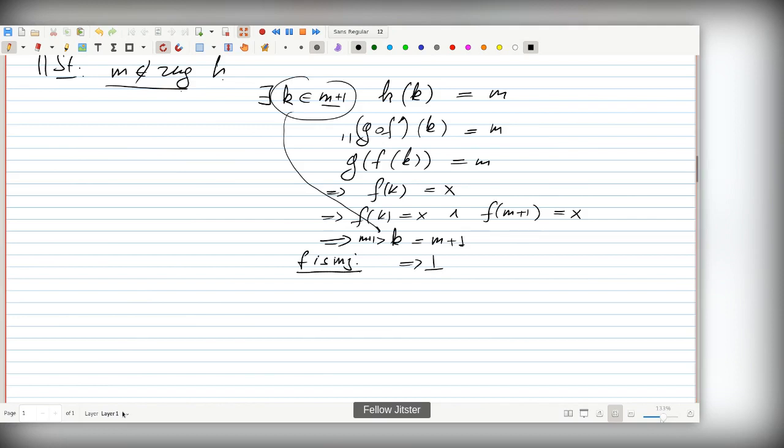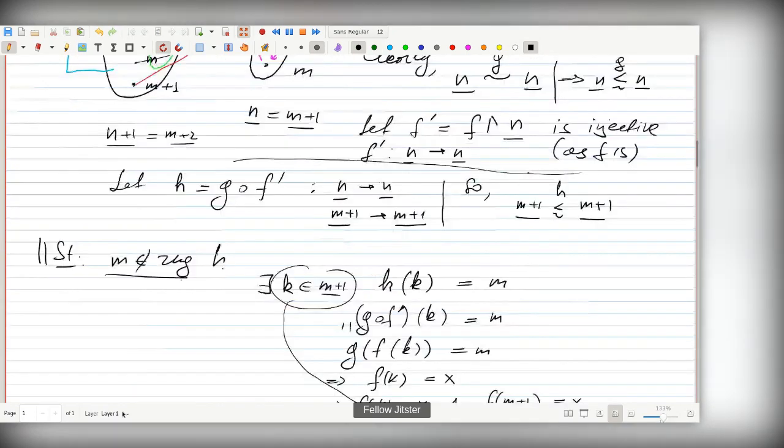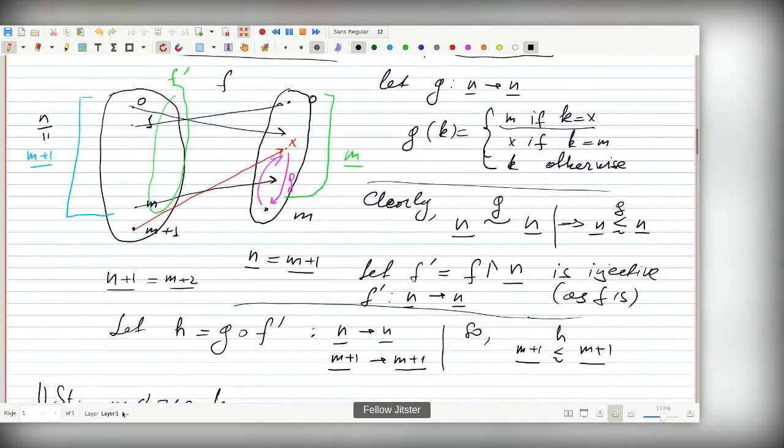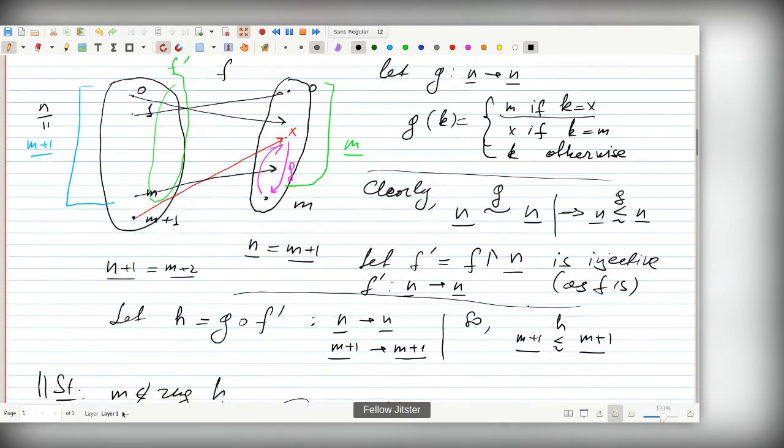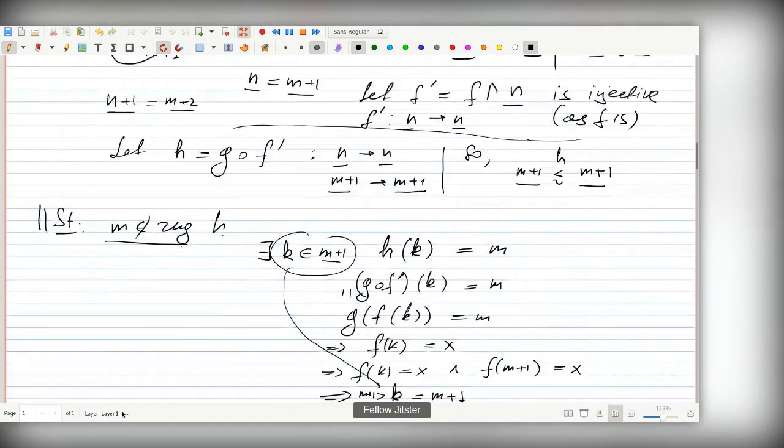So we have got a contradiction. It is quite clear intuitively that m is not a value of h, because the value of m is possible just at m plus 1. We have just proved this easy thing. Aha! So I see that m is not in range of h.